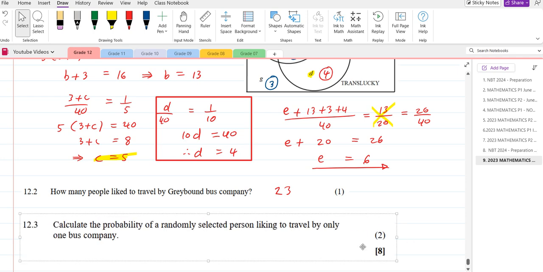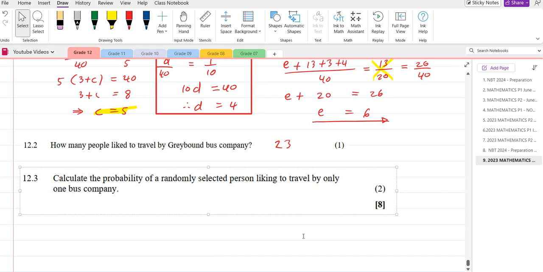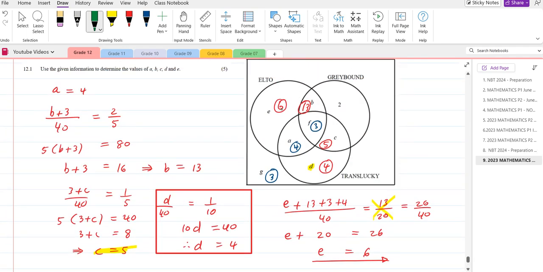Calculate the probability of a randomly selected person liking to travel by only one bus company. So only one bus company will be these ones. Either travel by Alto only, or only Greybound, or only Translucky.